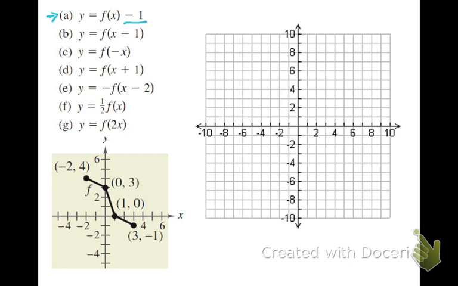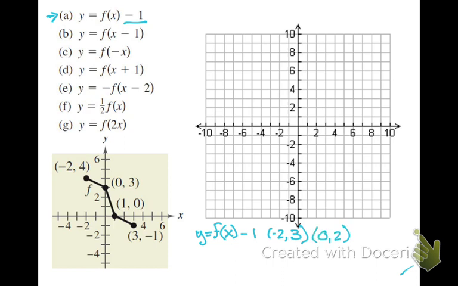If you wanted to do this problem just by doing this, y equals f of x minus 1. If you wanted to just say negative 2, 3, how did I get negative 2, 3? I took 1 from the y, right? And 0, 2.